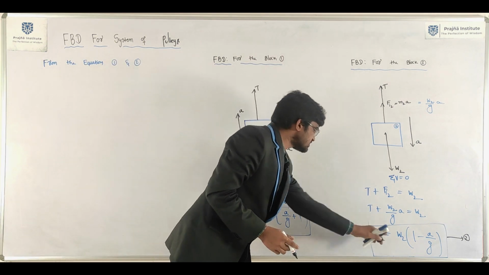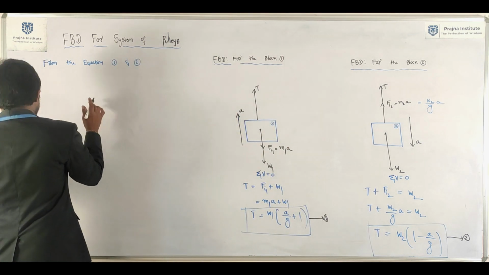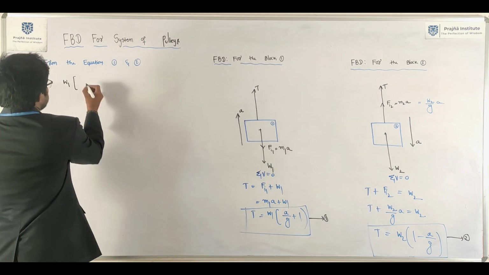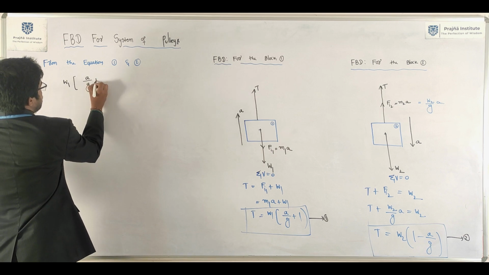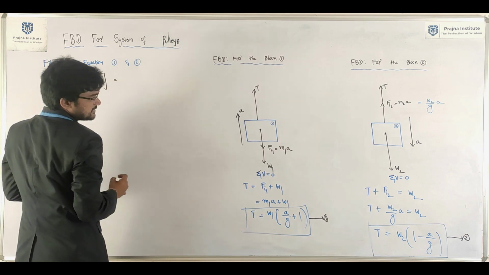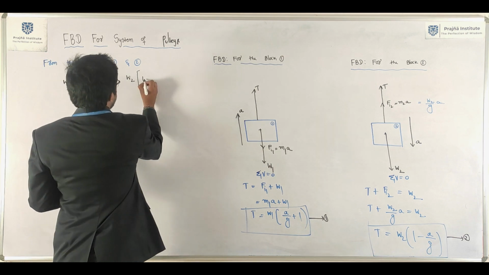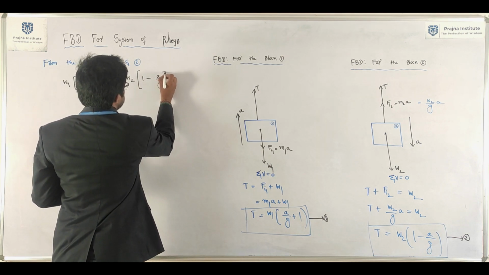You can equate these two equations. That is, W1 (A by G plus 1) equals W2 (1 minus A by G).